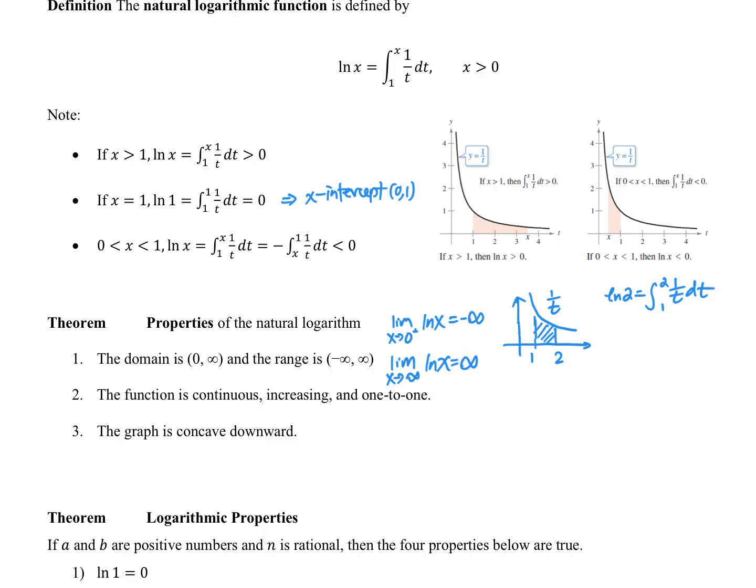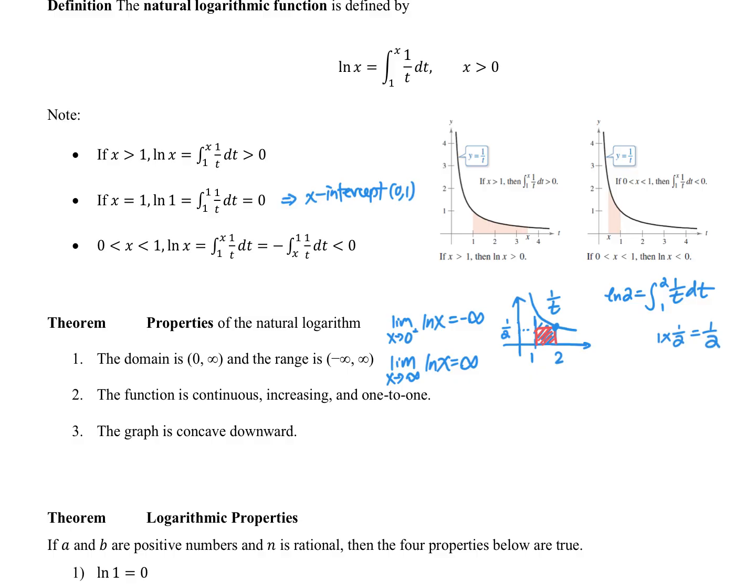Now I would like you to take a look at this little red shaded rectangle. The height is, the function is 1 over t, so therefore it's going to be 1 over 2. So the area of this rectangle is, the base is 1 times the height 1 over 2, which is 1/2.